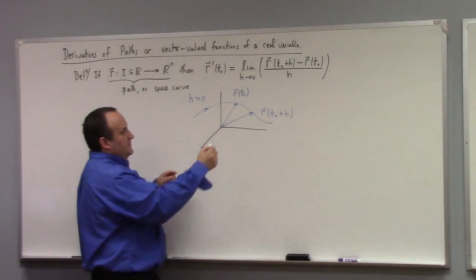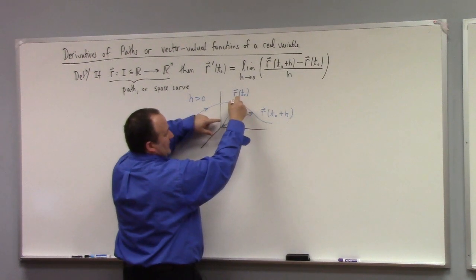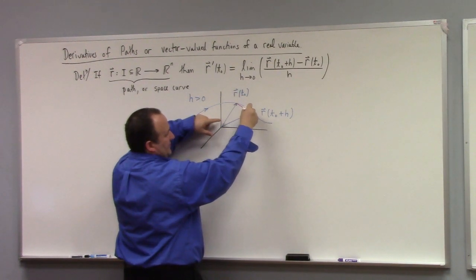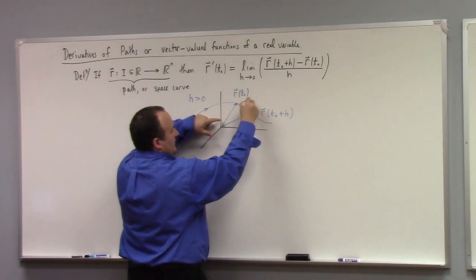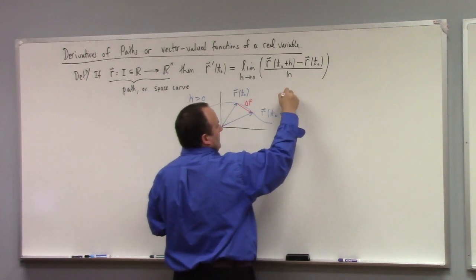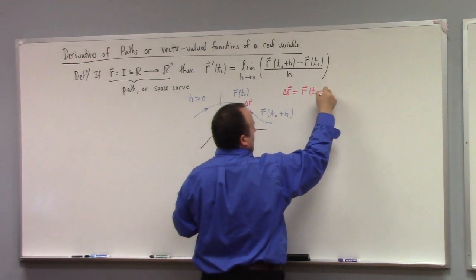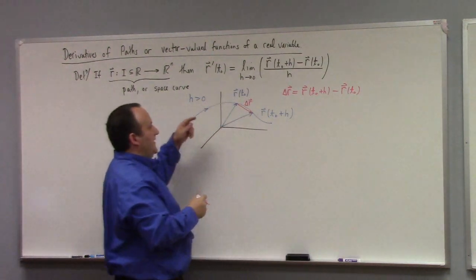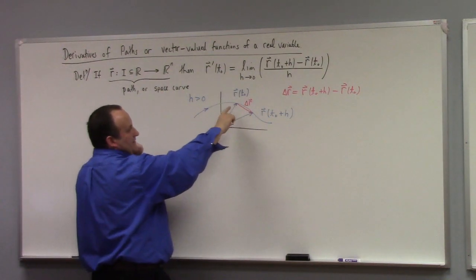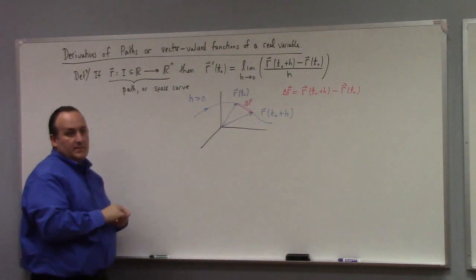So isn't this vector exactly the displacement vector from here to here, right? I would call it delta r. Delta r is R of T naught plus h minus R of T naught. Do you guys see that? Because if I add the displacement vector to R of T naught, I get R of T naught plus h.